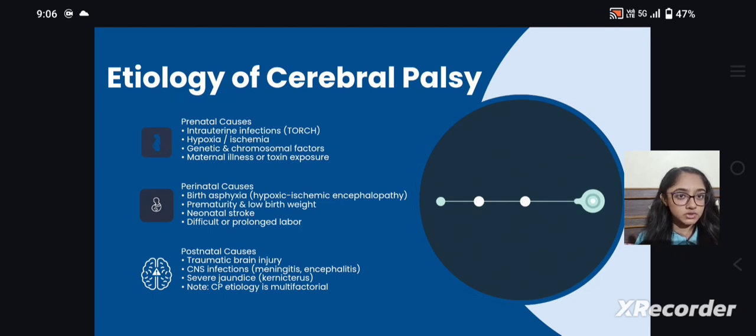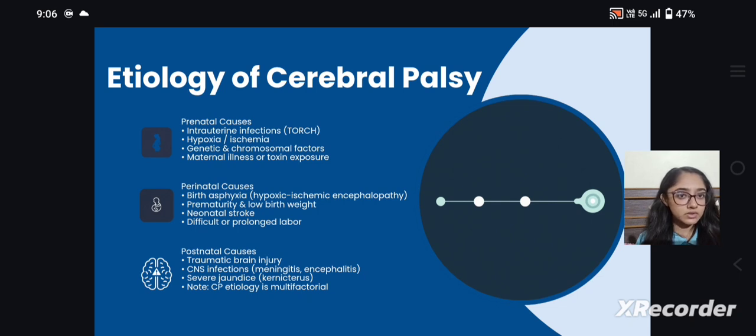Now its etiology. It could be prenatal causes, perinatal causes and postnatal causes. So first of all, prenatal causes. It could be intrauterine infections, hypoxia or ischemia, genetic and chromosomal factors, maternal illness, or toxic exposure.